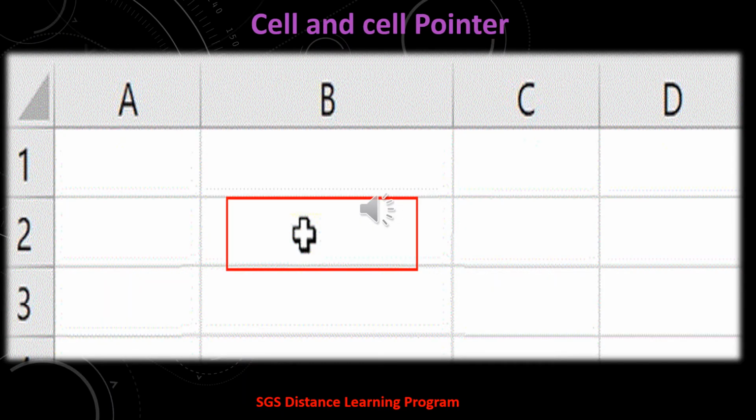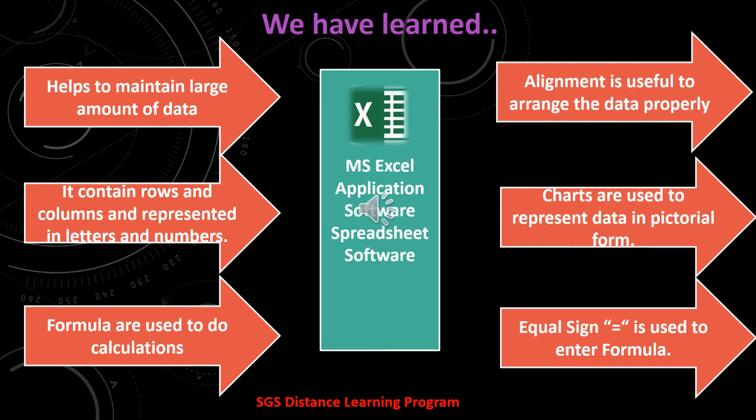Cell pointer is a mouse pointer which changes to a plus sign when we enter any data. And the intersection of rows and column is called a cell. So, we have learned through this chapter that Microsoft Excel is one of the most purposeful software to create and maintain a large amount of data. We can use several features to display data, like different charts.